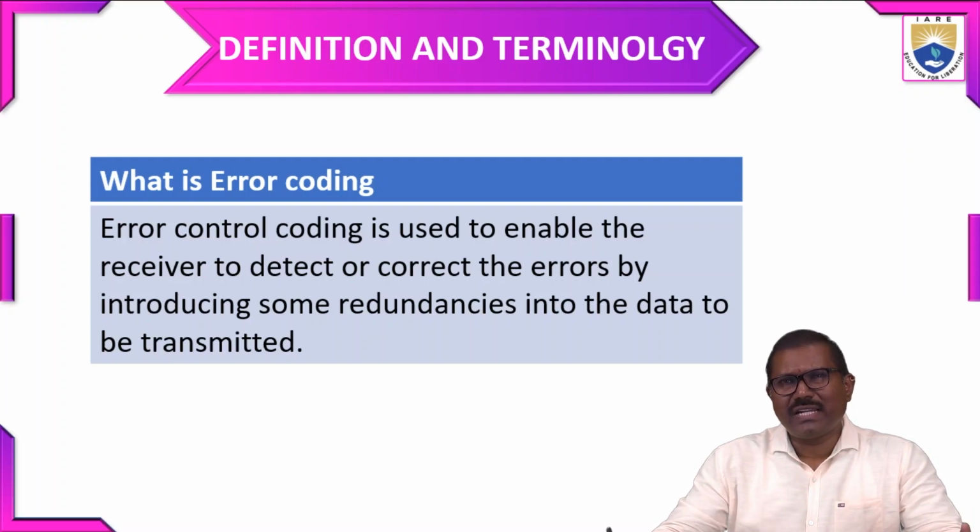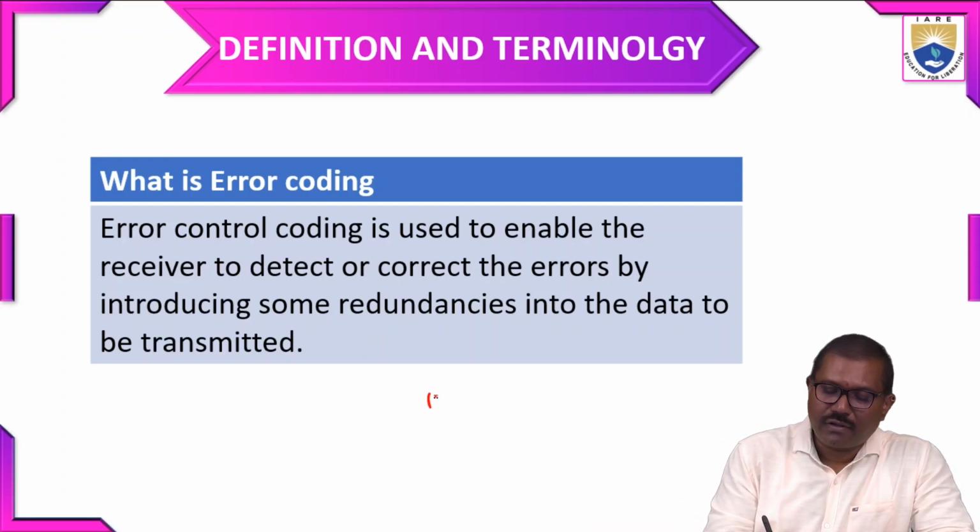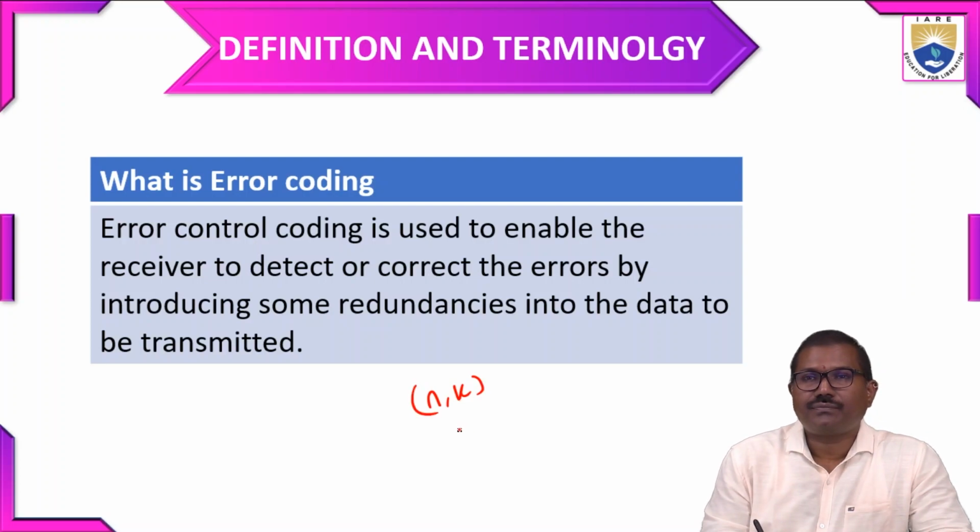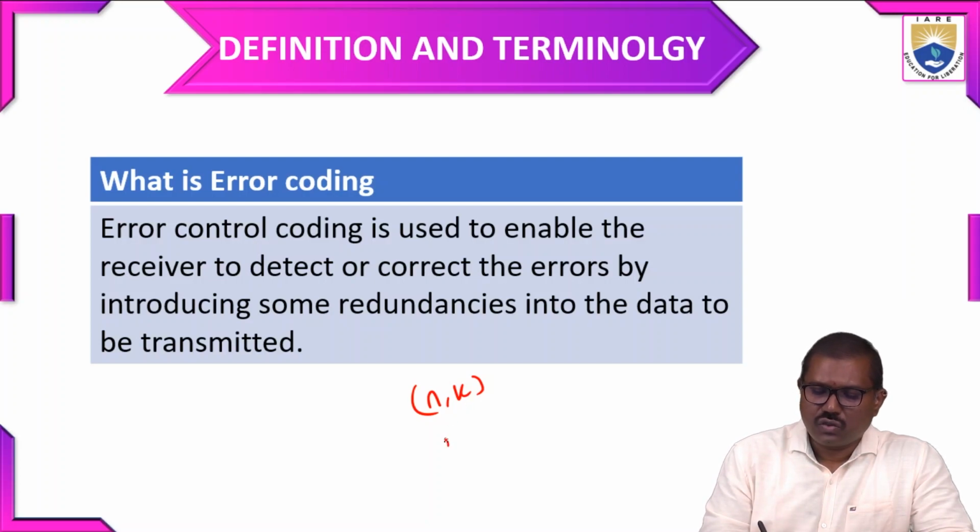So when you go for the linear block code, we can see such an arrangement. What is that? Check bits, parity check bits, or simply parity bits. We are adding parity bits. We know that it is in the form of (n, k). N is the length of the code, k is the length of the message bits. So what is n minus k? These are the parity bits.